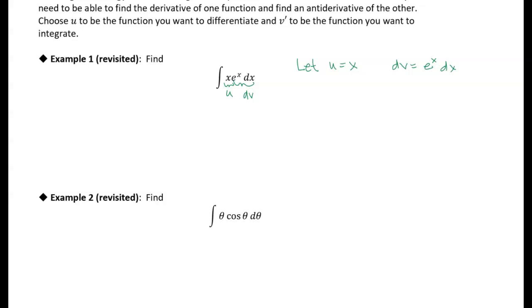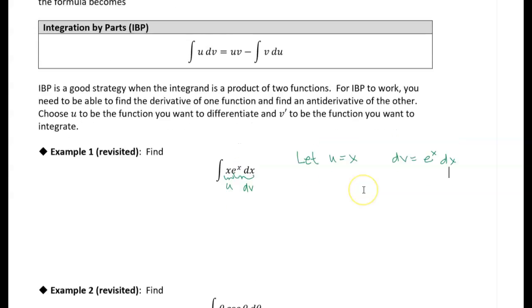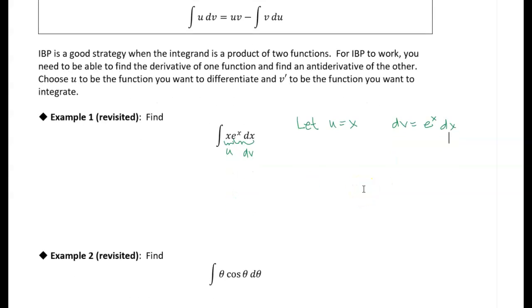Remember up here, maybe I should have this on the screen as well, we need du and we need v. We have u here, so we can find du just by differentiating both sides.